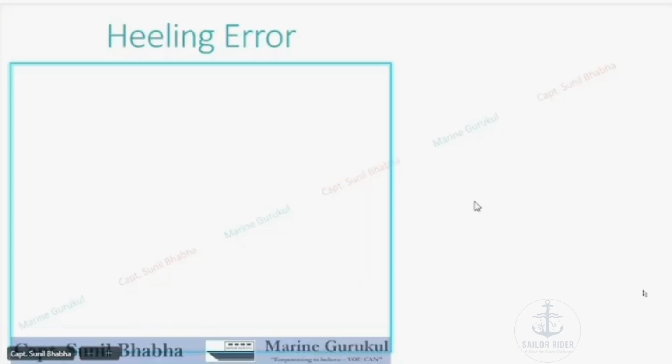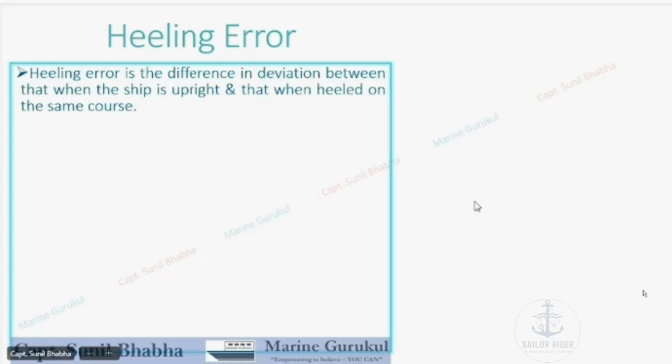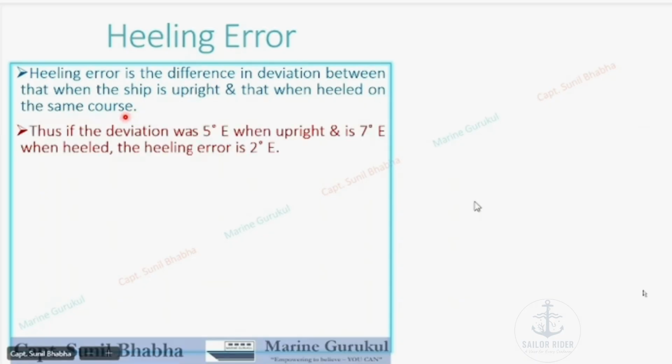Let us now understand the heeling error present in the magnetic compass. Heeling error is the difference in deviation between that when the ship is in the upright condition and that when the ship is heeled or listed on the same course.